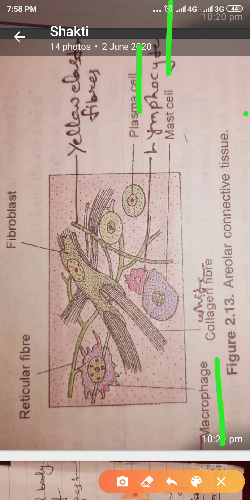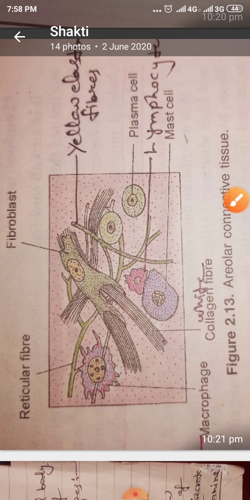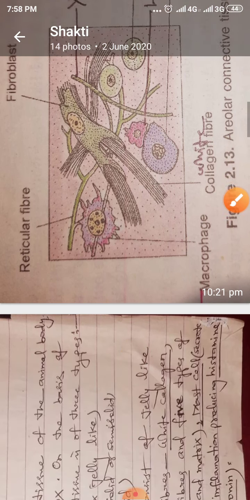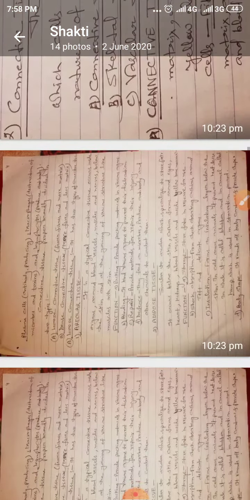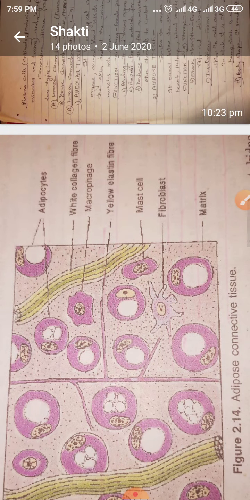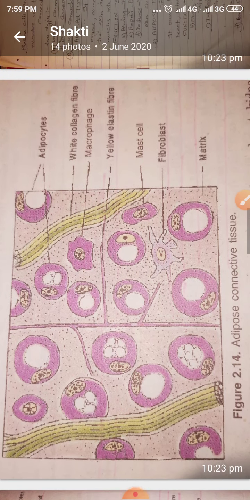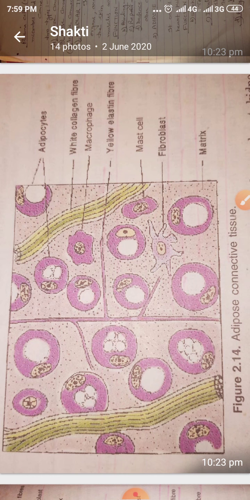Okay, then the second type, the first one being areolar connective tissue. Now we study adipose connective tissue. The second type is adipose connective tissue. That adipose connective tissue has the same structure, all fibers and all cells are present here, but along with this the cells are modified to store food.